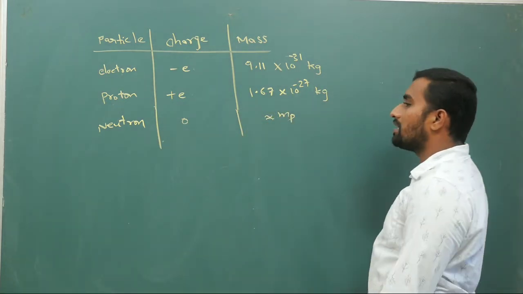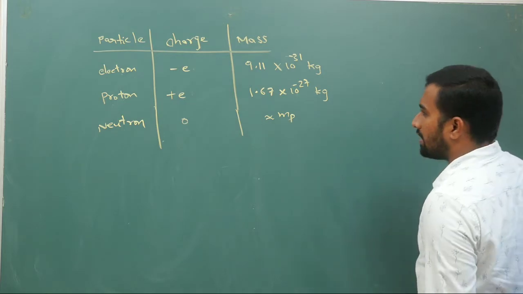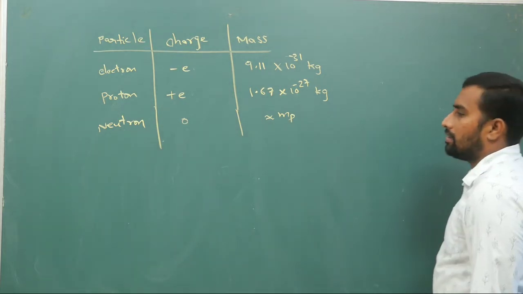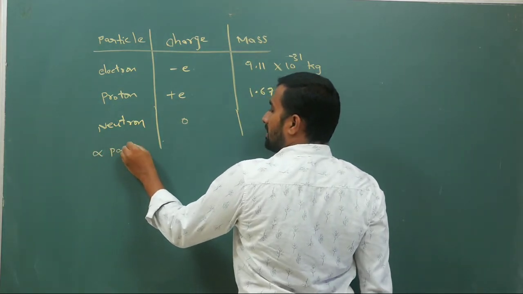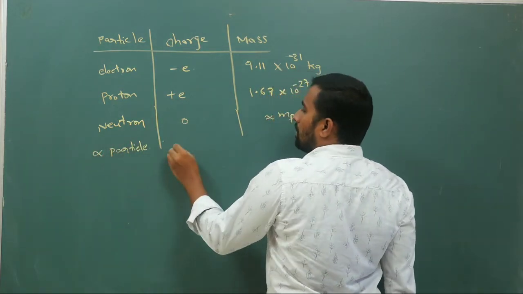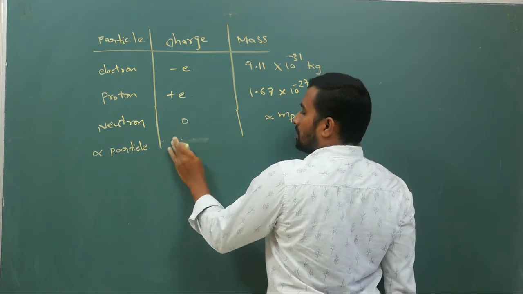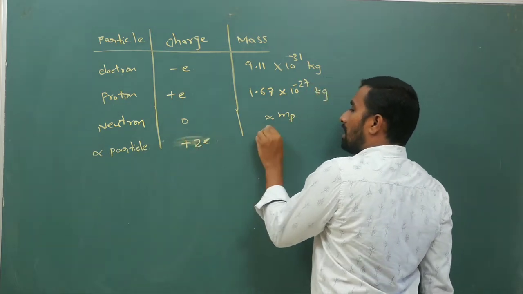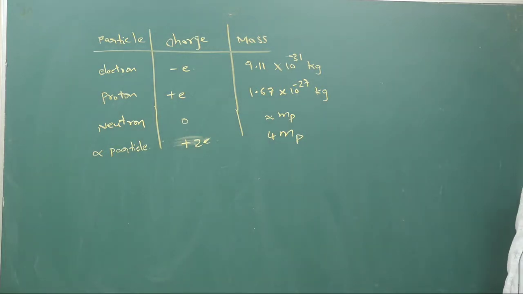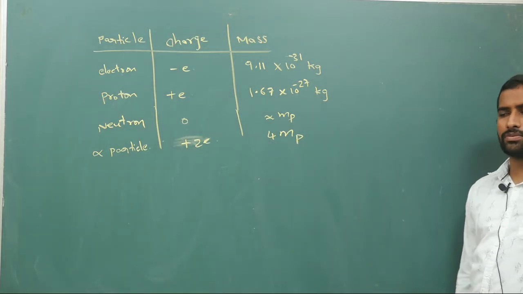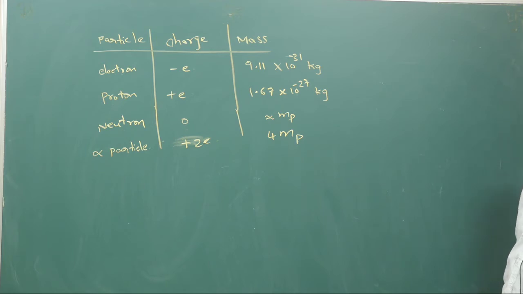When you go to nuclear physics, you will look at this in a different manner. Alpha particle is a doubly ionized helium nucleus, so it will have charge of plus 2e and mass of 4 times the mass of proton. I want you to remember all these values while solving the questions.